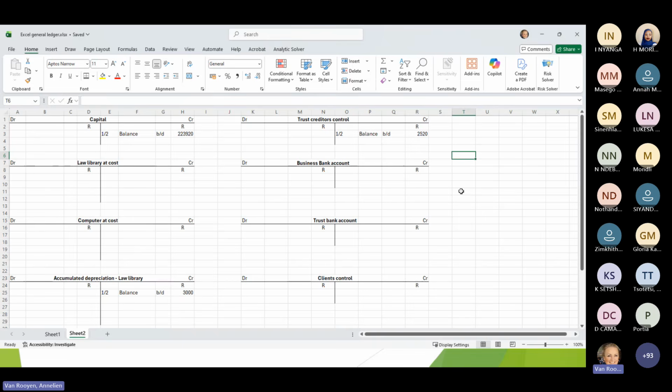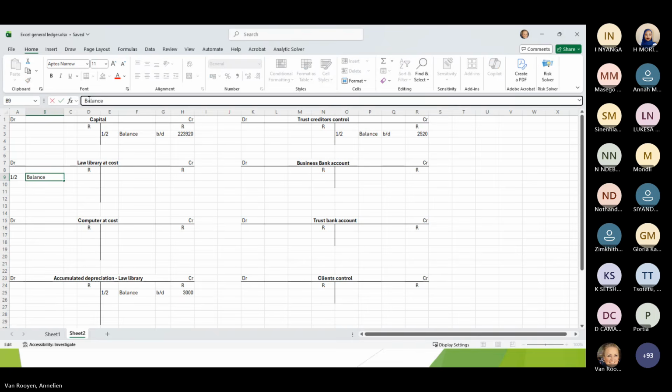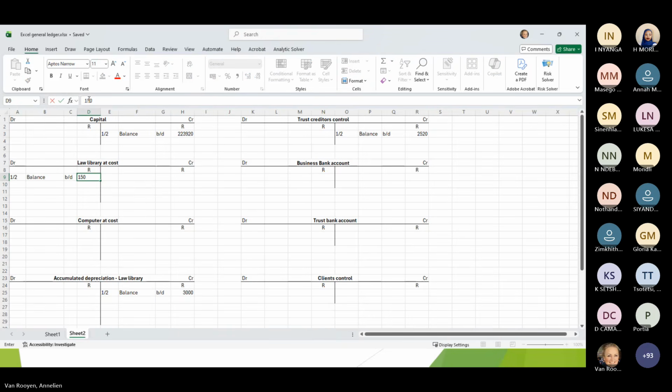Okay, now let's do the debits. Law library at cost, debits. Again brought down. Computer. Business bank.